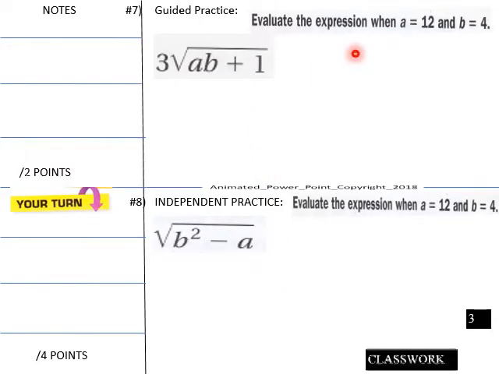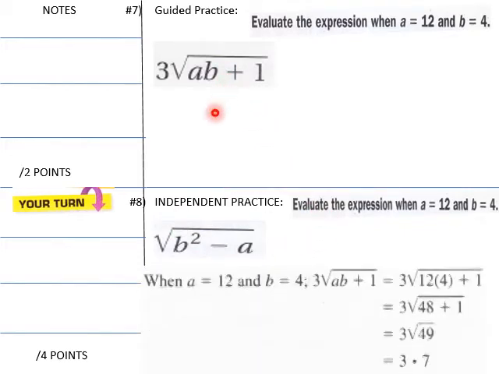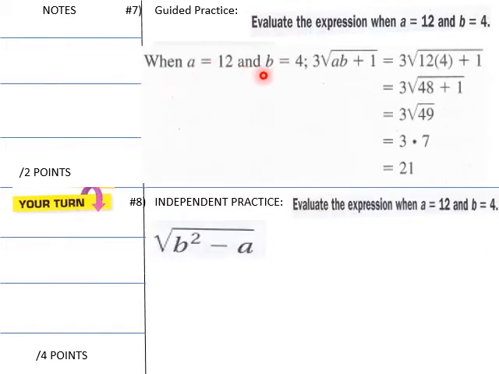So let's try one up here when a equals 12 and b equals 4. This is our guided practice up here, students. This is your independent. Let's do our guided first. When a equals 12 and b equals 4, we plug in to our expression and have 3 times the square root of 12 times 4 plus 1.